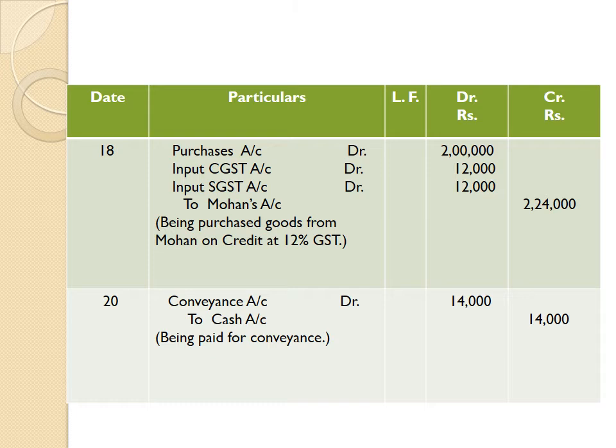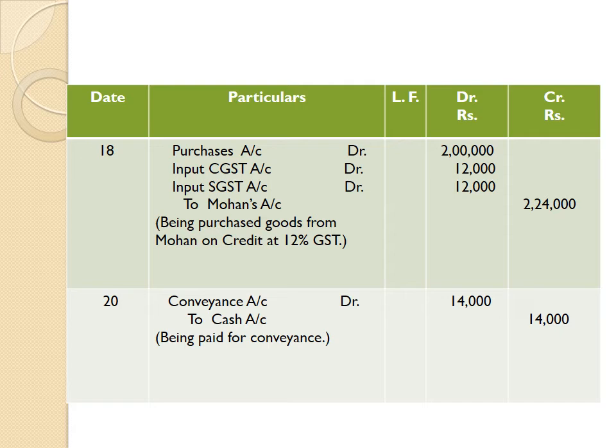Being purchased goods from Mohan on credit at 10% GST. We know that there are 5 slabs of GST: 0%, 5%, 10%, 18%, 28%.